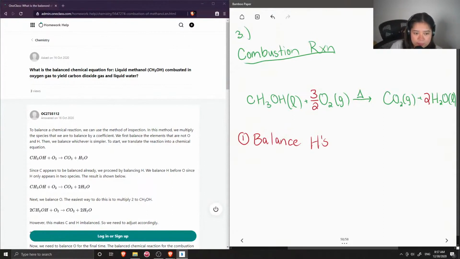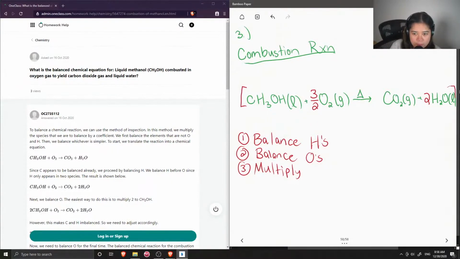Okay, so step 2 was to balance out the oxygens. And now notice that my coefficient contains a fraction. So I'm going to multiply by 2 to get rid of the fraction.